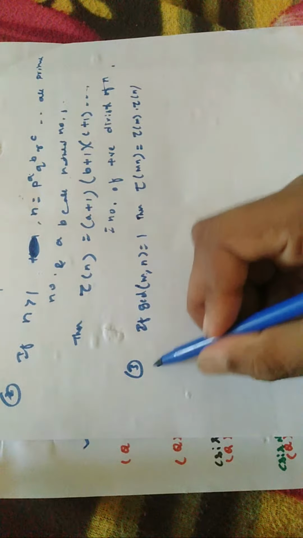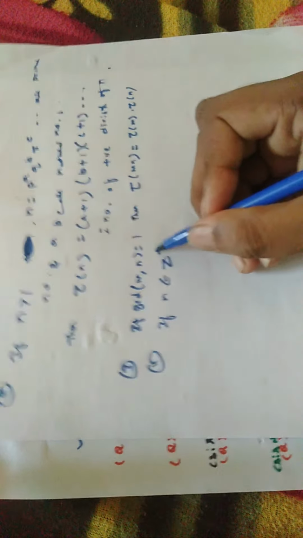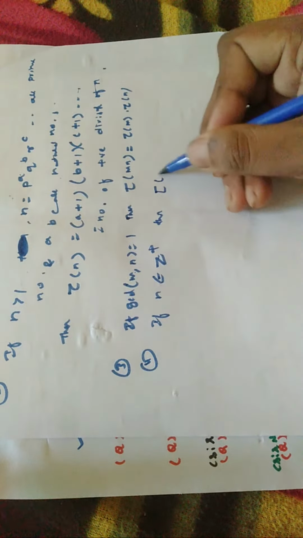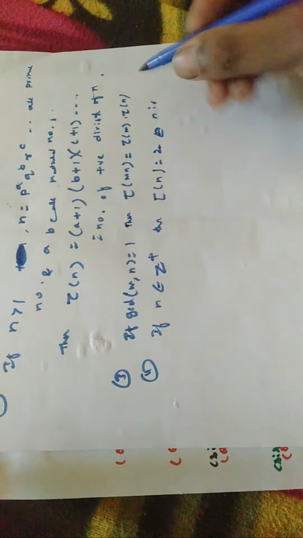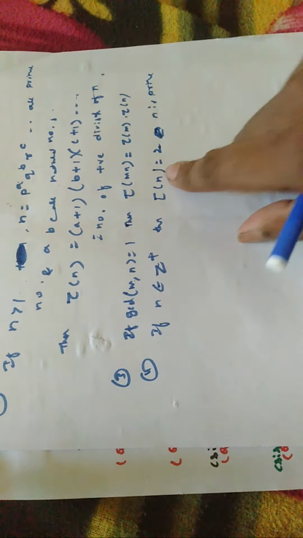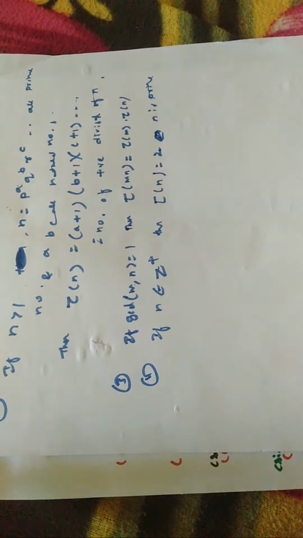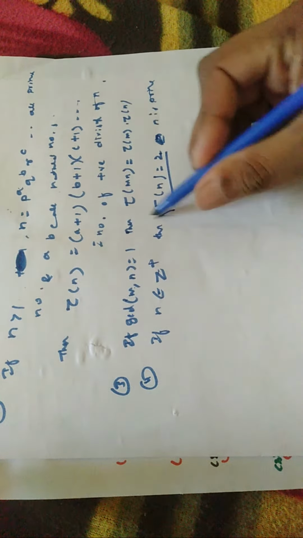One more property: if n belongs to the positive integers, then tau of n is equal to 2 implies n is prime. If n is any prime number, we get tau of n is 2 only.